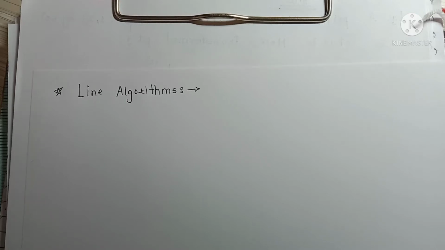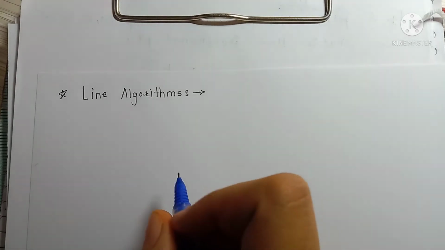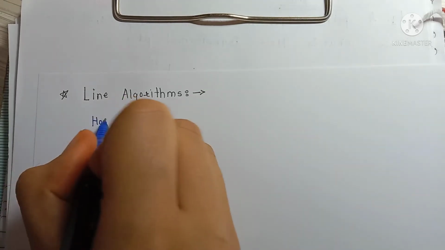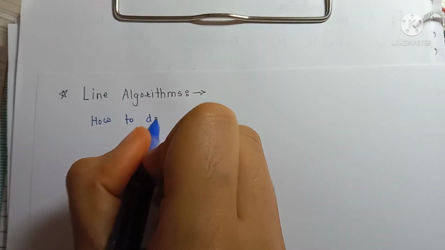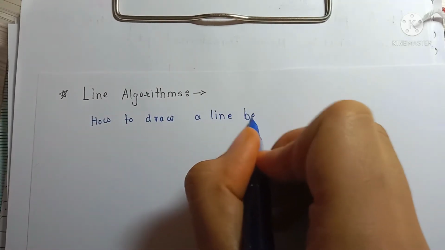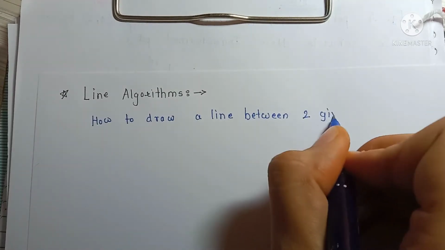In this video, we will study what line algorithms are. In total, we have 5 line algorithms: direct method, simple DDA, incremental DDA, integer DDA, and Bresenham's line drawing. Line algorithm means how to draw a line between two given points.